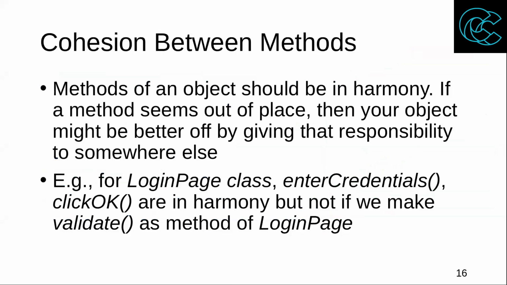So the second good practice while designing these, the first one is limiting the responsibilities, right? Don't overload a class with too many responsibilities. And the second good practice is to have cohesion between the methods. Let's say you have 5 methods in your class. All these methods should be related to each other in some ways.